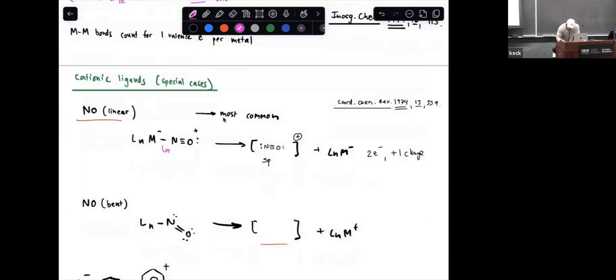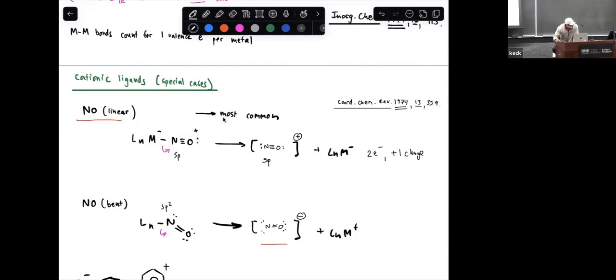Let's play that out with bent nitrosyl. Here, the nitrogen is clearly sp2 hybridized, right? Because it has this nonlinear geometry that in an idealized situation would look like 120 degrees. And so if you dissociate this form of the ligand, you see that it would look anionic.